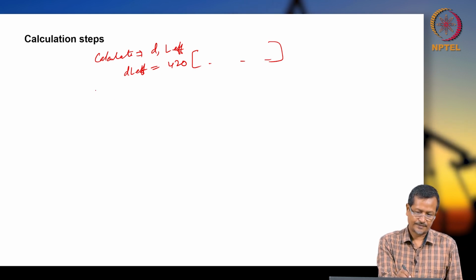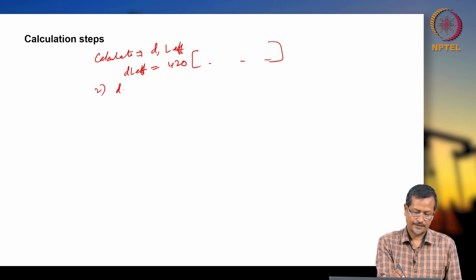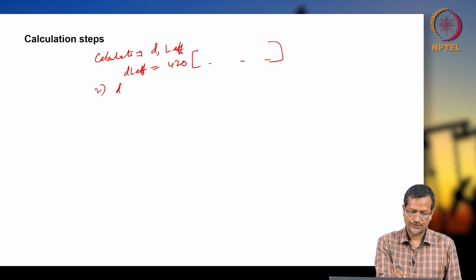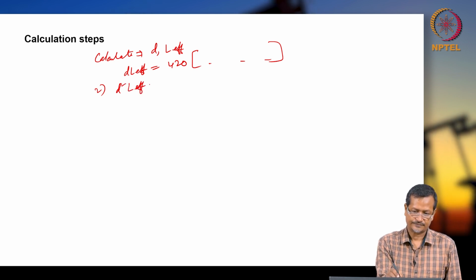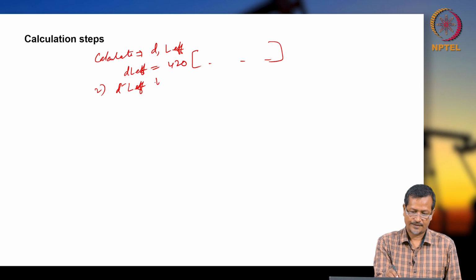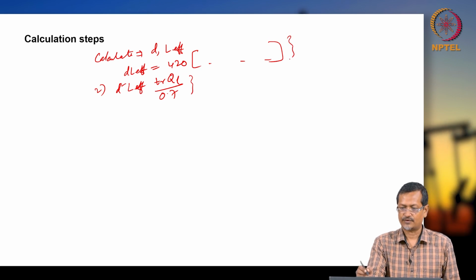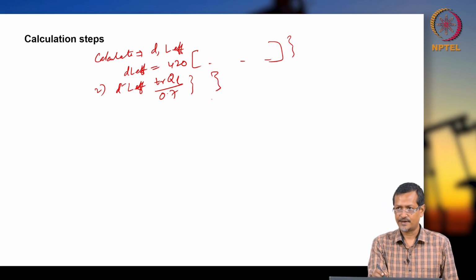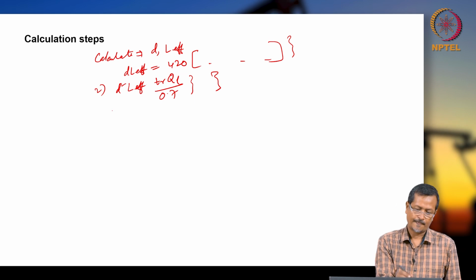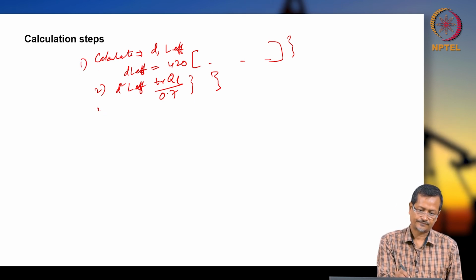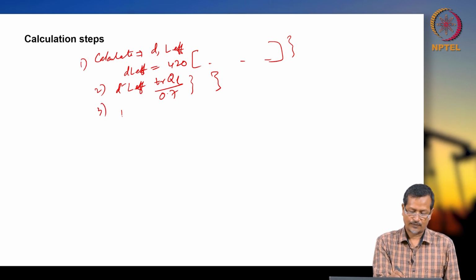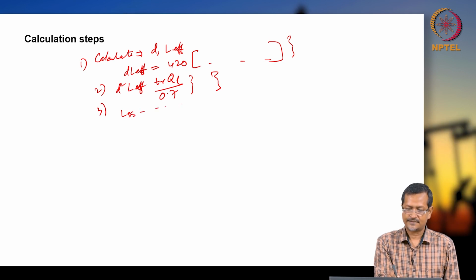Then calculate D square LEFF equals TRQL by 0.7 from liquid capacity. First you calculate from gas capacity, then from liquid capacity. Then you calculate LSS, the seam to seam length.